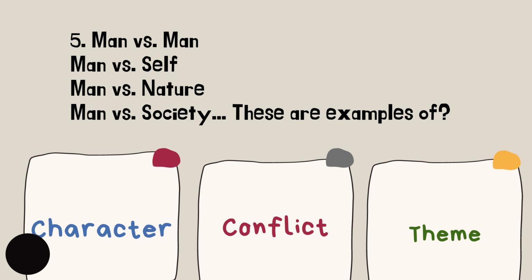So when we say man versus man, ibig sabihin yung bida laban sa sarili niyang tao. Okay? Tao versus tao. Sa man versus self naman, yung bida kalaban niya yung sarili niya.